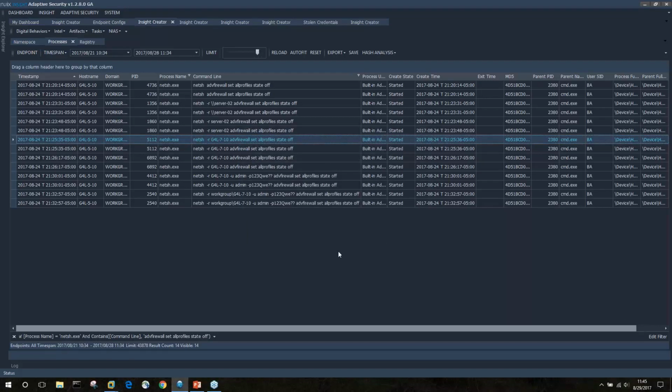And that simple search, again looking across a week or so of data, is going to show me that I did have a host where that application ran with that command language.